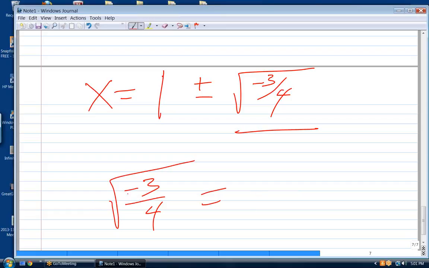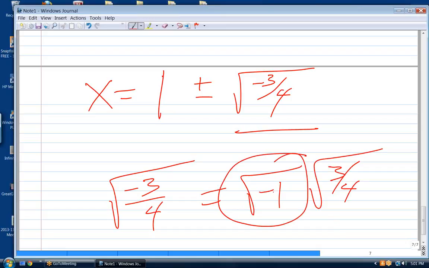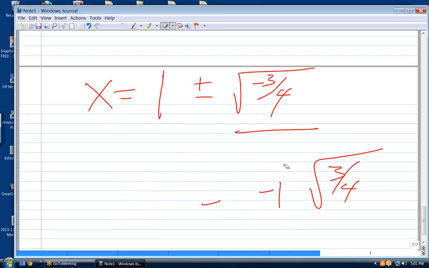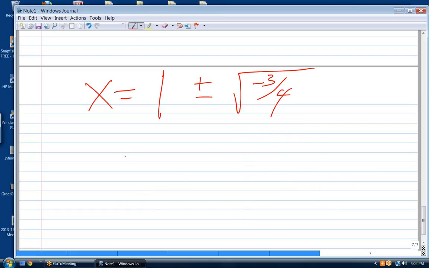Square root of 3/4. In other words, this would be the square root of minus 1 times the square root of 3/4. And this is the i part. So this would be square root of 3/4 i. And square root of 3/4 is square root of 3 over 2. So this becomes 1 plus or minus square root of 3 over 2 i.